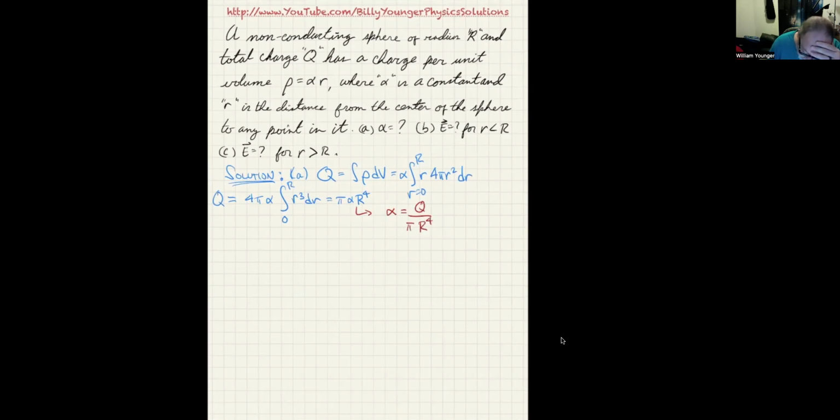I will box it off with a nice blue box, and you can probably tell from that that the units of alpha are going to be coulombs per meter to the 4th power. And that too is exactly right. So now we know what alpha is. If I knew the total charge Q numerically and R numerically, I can put those in and get an actual number for alpha. So I've done part A.